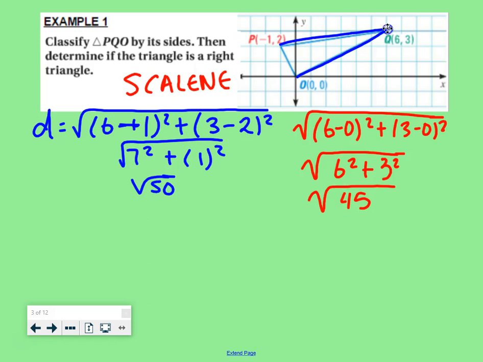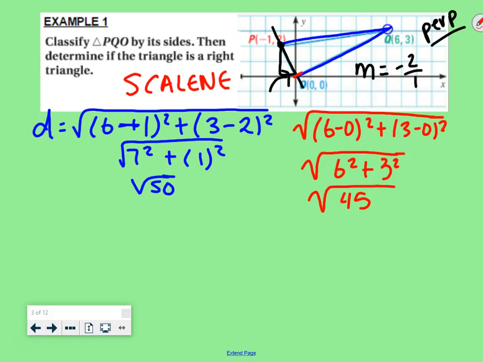And then determine if it's a right triangle. So if any angle is going to be a right angle, it'd be that angle. So we want perpendicular lines, which means our slopes need to be flipped and opposite. So we need the slope of this line, which would be down 2, right 1. So that is a slope of negative 2 over 1.